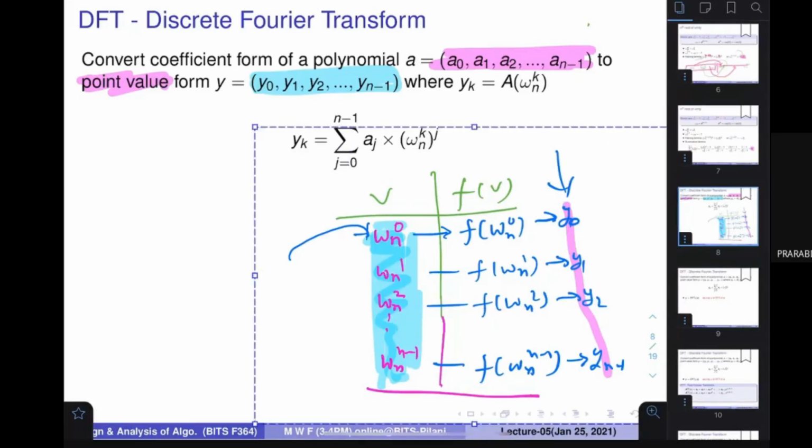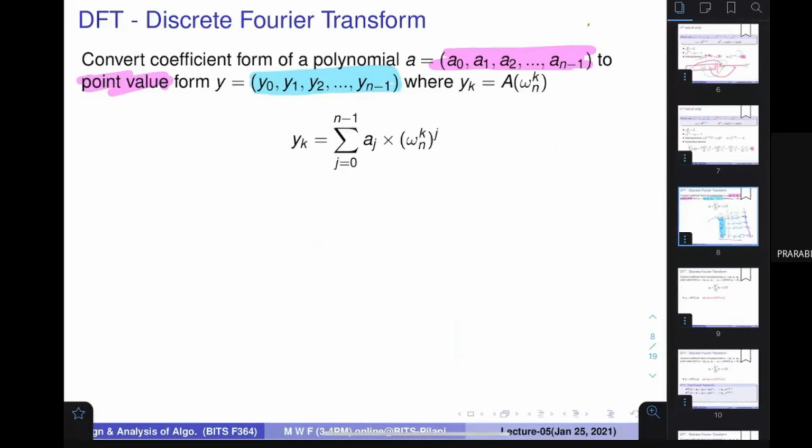Now let me tell you a very important definition. This thing is called the DFT of this particular expression. For a given polynomial, this thing is called its discrete Fourier transform.